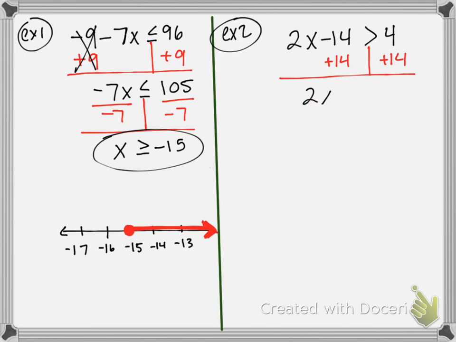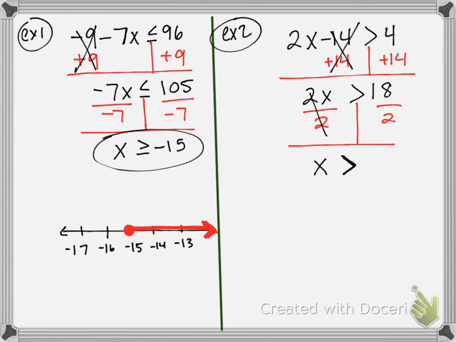So we get 2x. This cancels out to 0. And then 4 plus 14 is going to give us an 18. Our next step is going to divide by 2. So we have x, because the 2's cancel out. Our sign does not change because we are not dividing by a negative. It's a positive, right? So we're just going to keep it the way it is. And we have 18 divided by 2, and that'll give us a 9.